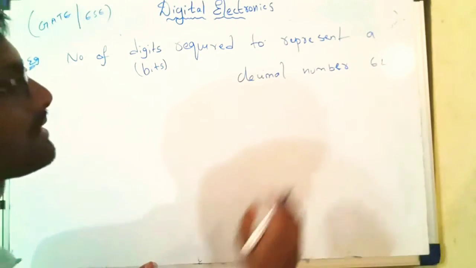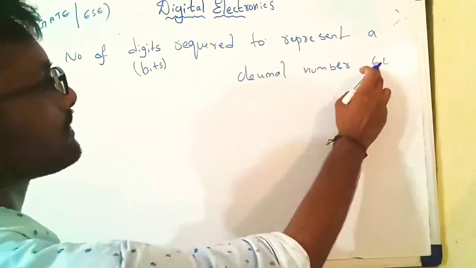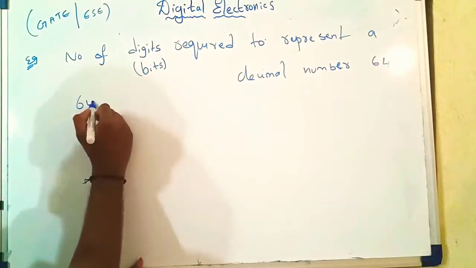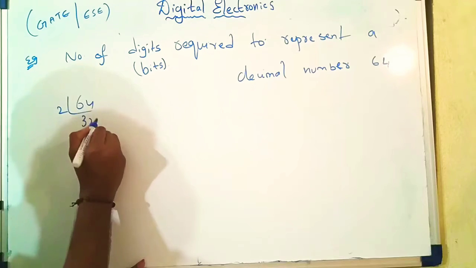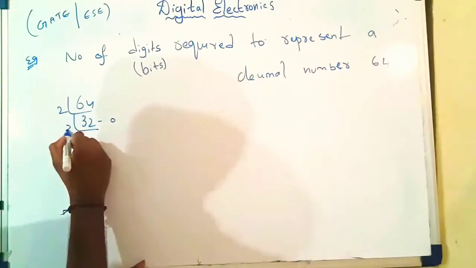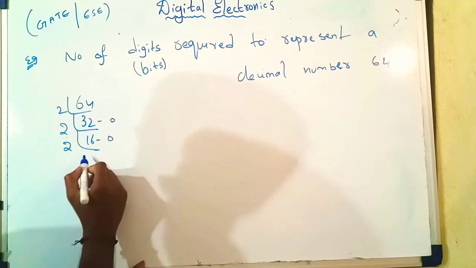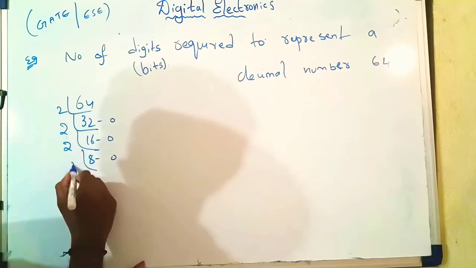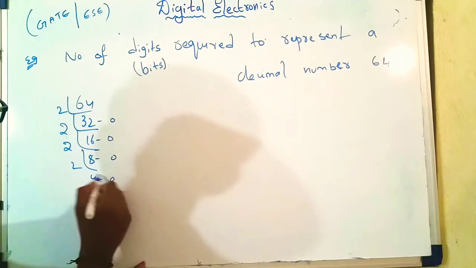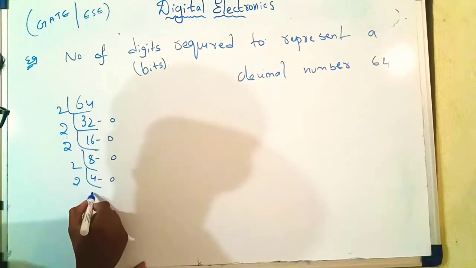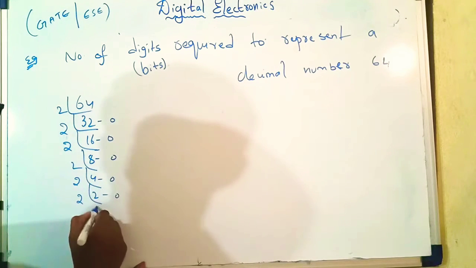For the decimal number 64, first of all convert it into bits. 64 is 2 times 32, 2 times 16, 2 times 8, 2 times 4, 2 times 2, 2 times 1. So we get the decimal value 64 in binary as 1 followed by 6 zeros, that is 2 to the 6 down to 2 to the 0.